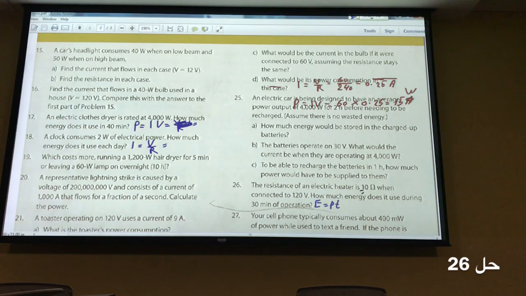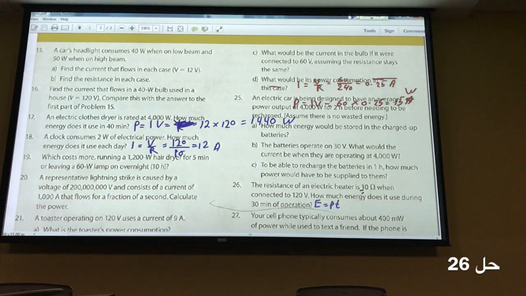It's going to be V. What is V? 120 over 10. Okay, 12. So we go to this one and say it's 12 multiplied by 120 equals 1440. What's the unit?